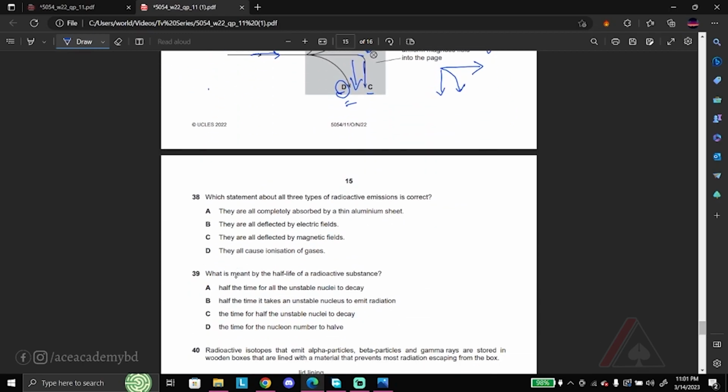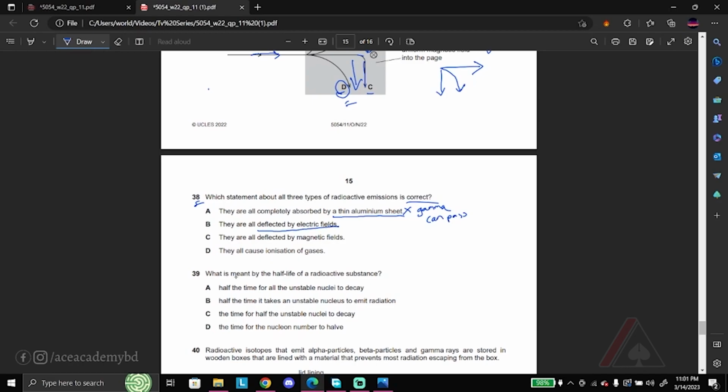Let's move on to question 38. Which statement about all three types of radioactive emissions is correct? Option A says they are all completely absorbed by a thin aluminum sheet. This is wrong, as gamma can pass through. Option B says they are all deflected by electric fields.